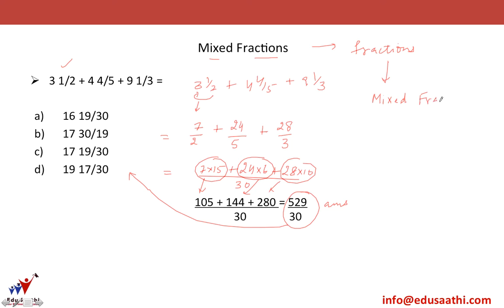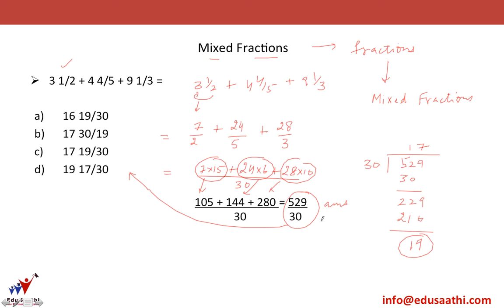And how do we do this? We just write 529 here like we used to do in the earlier classes, and then we divide it by 30. So I know 30 1s are 30. This gives me 229. I'll do 30 7s is going to be 210. So this gives me 19 as the remainder.